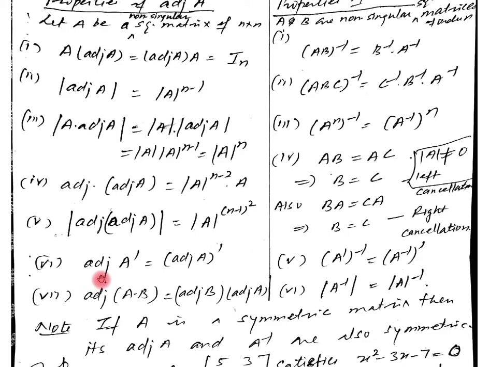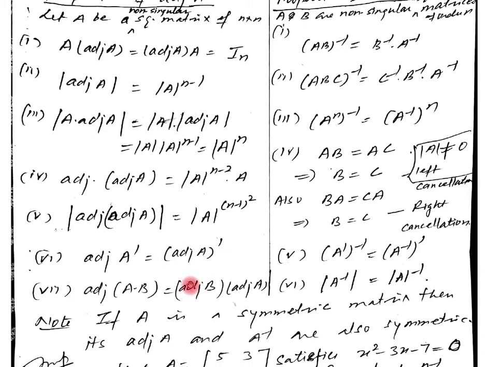Then the sixth property is adjoint of A dash equals adjoint of A dash, meaning they are interchanged: adjoint of A transpose equals the transpose of adjoint of A. And adjoint of A into B equals adjoint of B into adjoint of A.